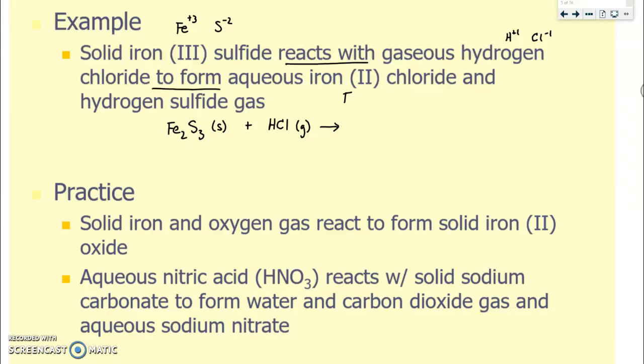And then it says iron 2 chloride, so Fe plus 2, Cl minus 1. Cross your charges and you get this. And aqueous is AQ. And hydrogen sulfide gas. So hydrogen is plus 1, S is minus 2. And that would be the chemical equation that we would then balance.